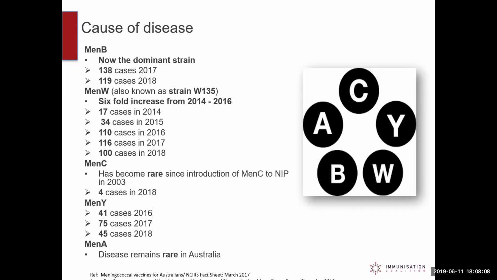Serotypes to date were 4 C, 2 Bs and 3 Ws that have been identified so far. We are just leading into meningococcal season, so it's expected that these cases will certainly rise over the coming weeks and months.